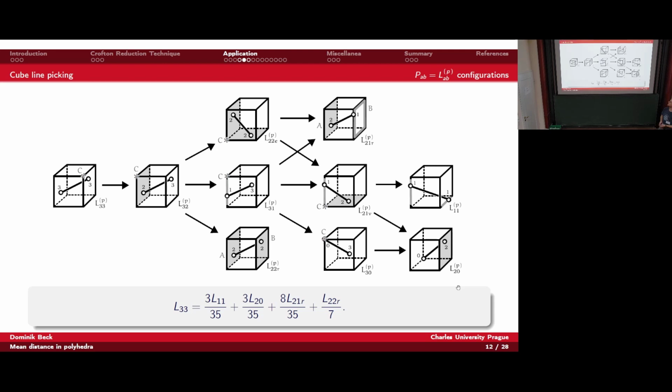The only difference is that you get more configurations. So this is the list of configurations for the cube. And as you see, you would have to compute a 6-fold integral in that case. But in the end, by using these reductions, you can express the mean distance using mean distances over simpler regions.